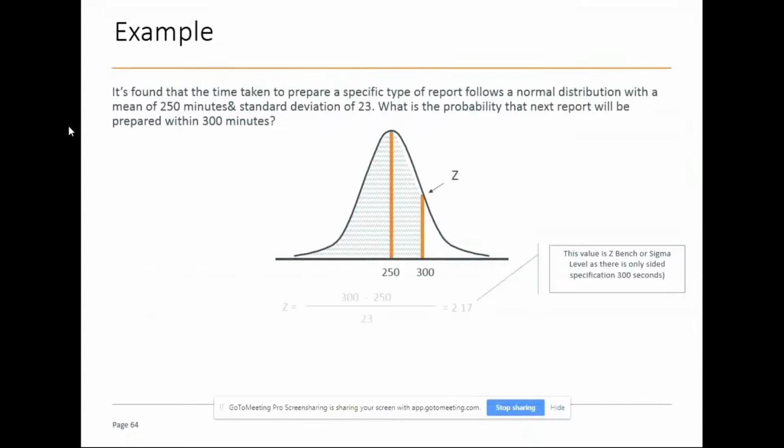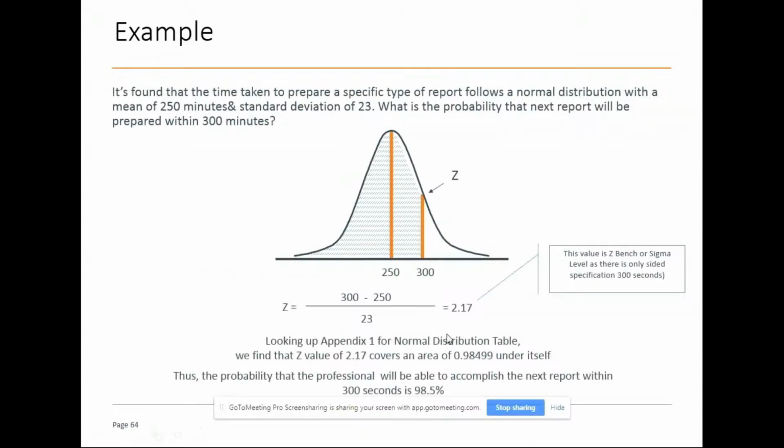So remember the value that we got was 0.98499. If you convert it into a percentage, it'll be 98.5% probability that the next report will be accomplished within 300 minutes. Why 300?